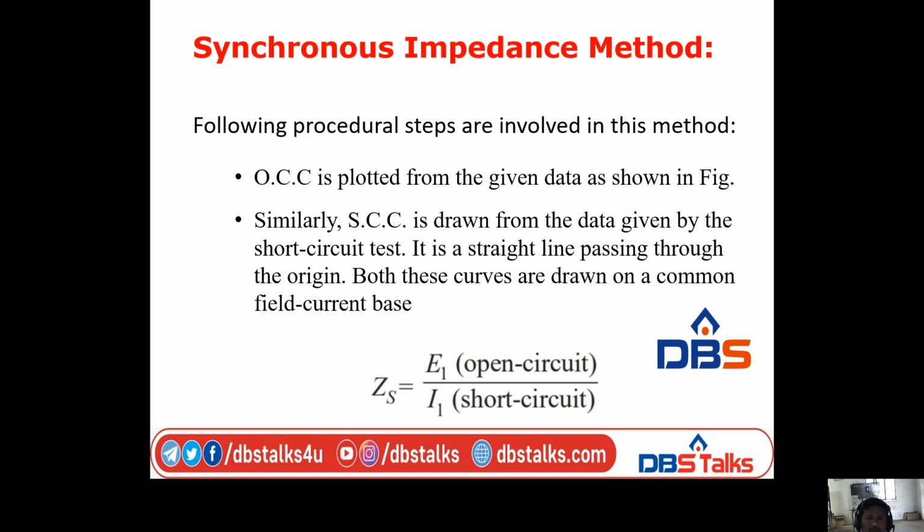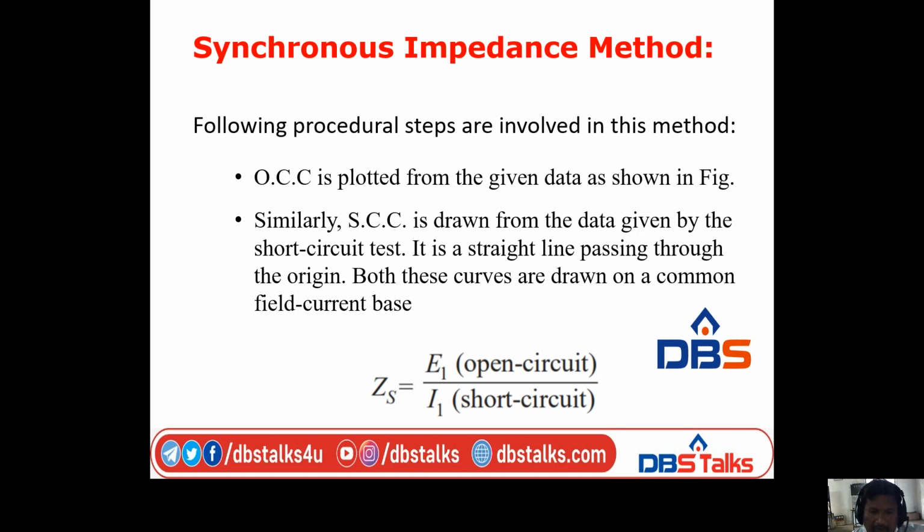In the synchronous impedance method, to determine the synchronous impedance, we can determine Ra, we can plot the OCC curve, and we can plot the SCC curve. The OCC curve is hyperbolic, but the SCC curve is a straight line passing through the origin.